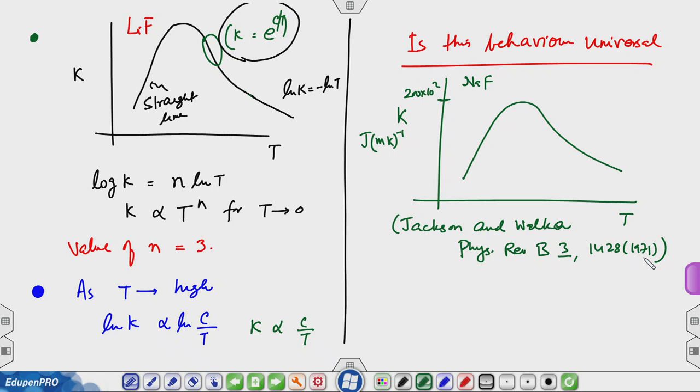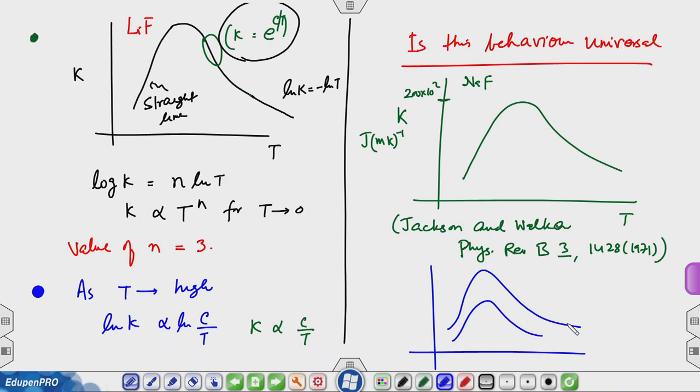And if you take samples with different purities, you also see that as purity improves, this is better purity, and this is for germanium.